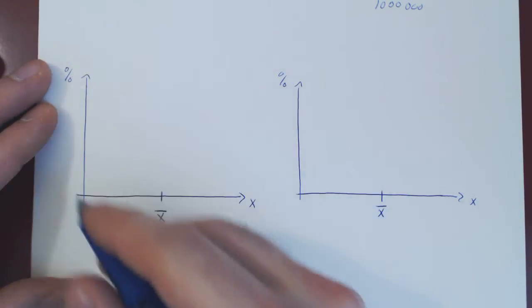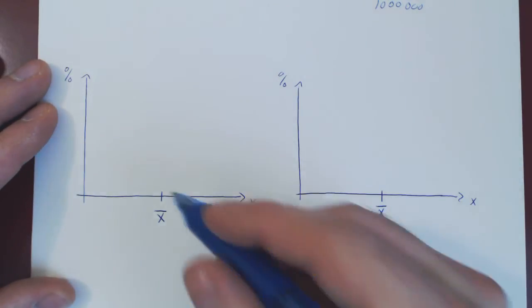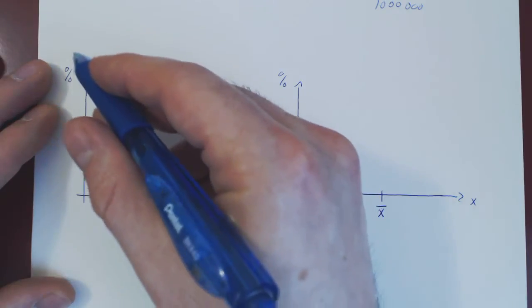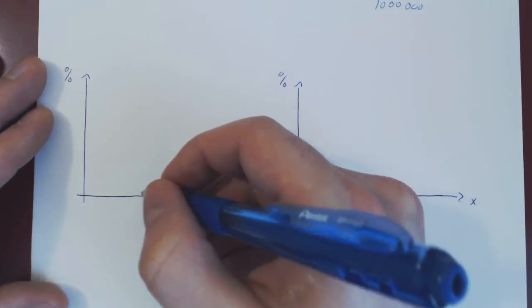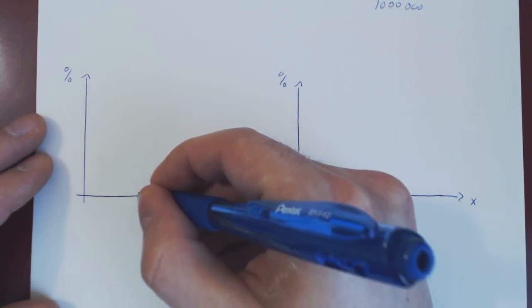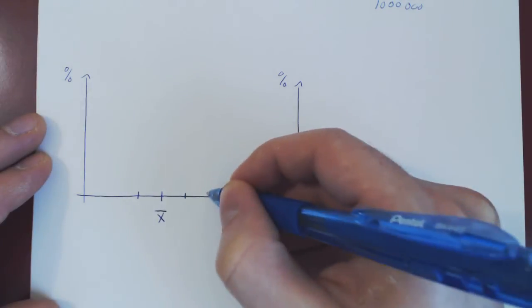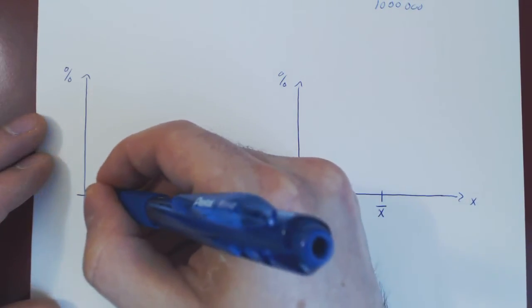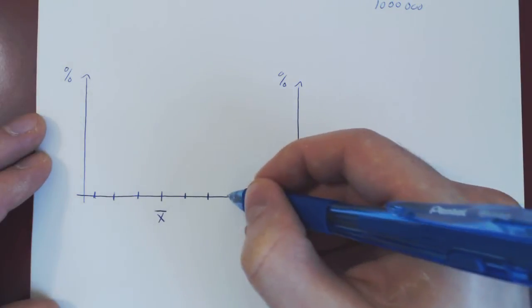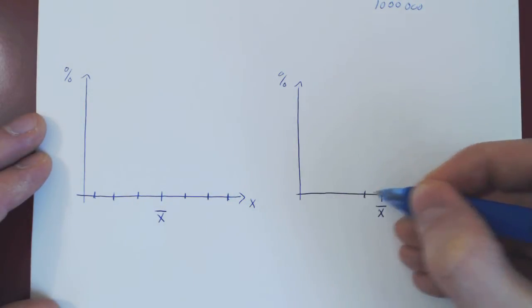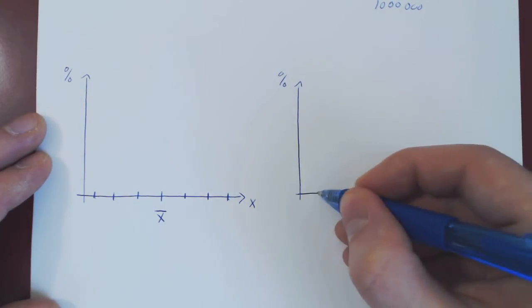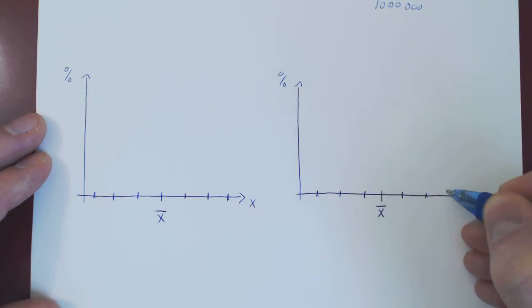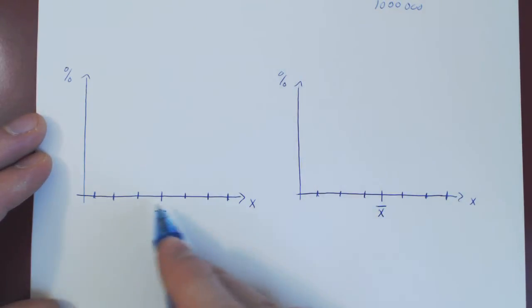Suppose that we ask here to construct, just by looking at vertical bars being the frequencies for every given interval, and suppose we go with 6 intervals. So 1, 2, 3, 4, 5, and 6. Same thing here. 1, 2, 3, 4, 5, and 6. So same average in both cases.